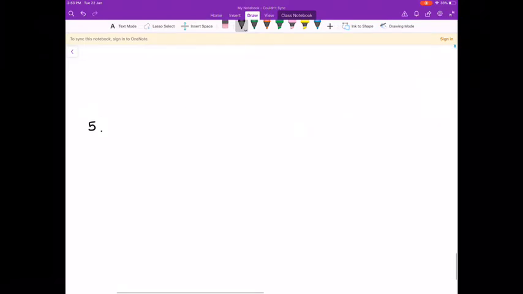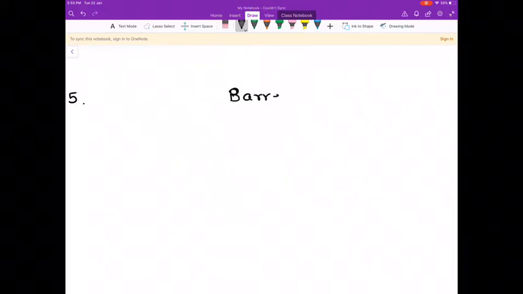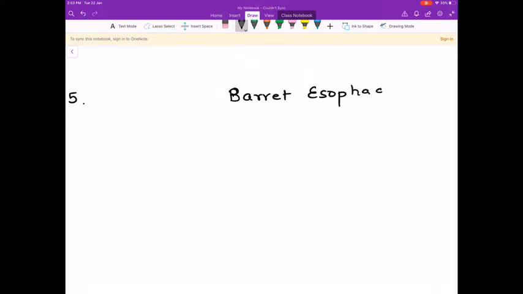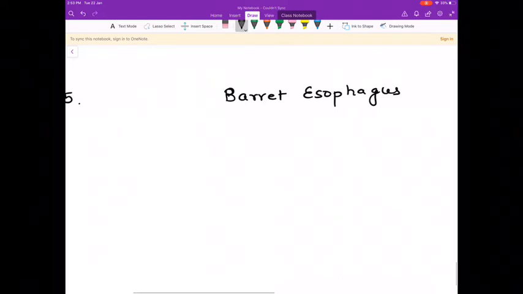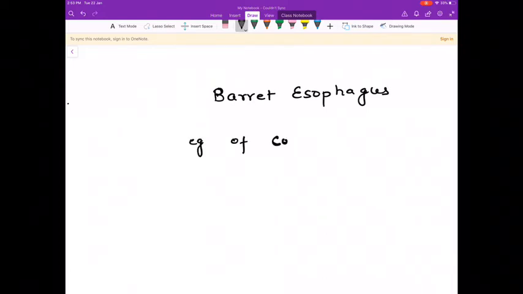Now we are moving to the next example, which is a type of columnar metaplasia, and this disease is known as Barrett esophagus. Barrett esophagus is very important for your examination. Barrett esophagus is seen usually at the lower end of the esophagus in a patient of GERD, and it is an example of columnar metaplasia. Pathologically, it is columnar metaplasia.